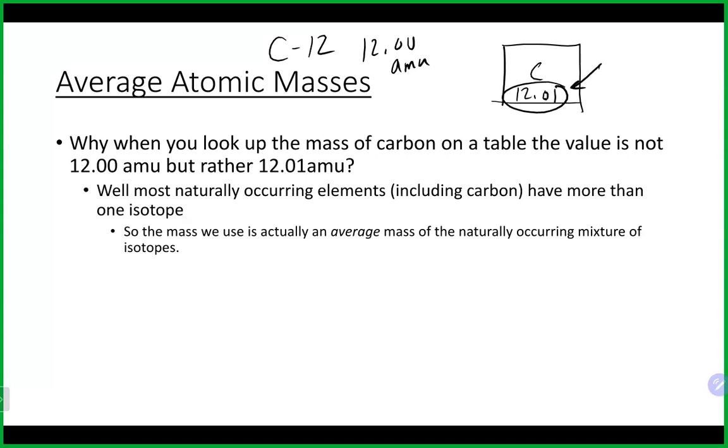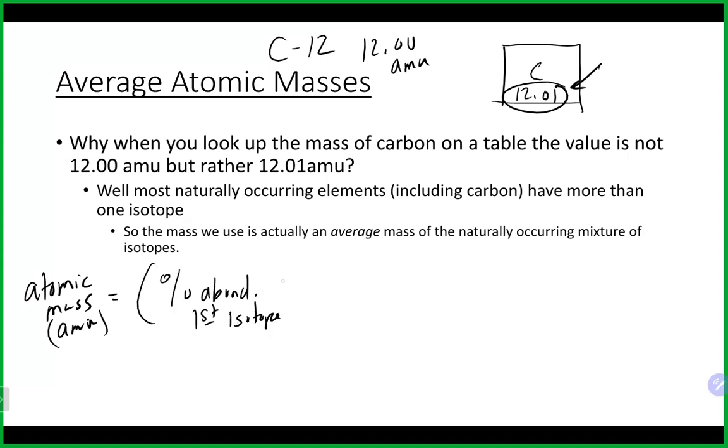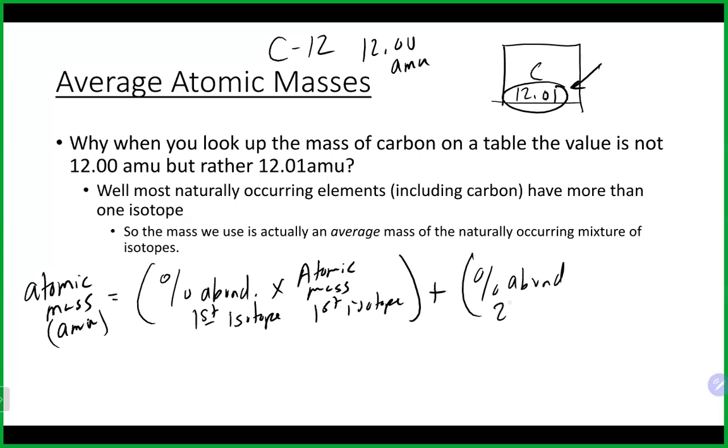Now, there is a calculation you can do to calculate the atomic mass, and it is this: the atomic mass in AMU is equal to the percent abundance of the first isotope of that element times the atomic mass of the first isotope, then you add it to the percent abundance of the second isotope times the atomic mass of the second isotope.